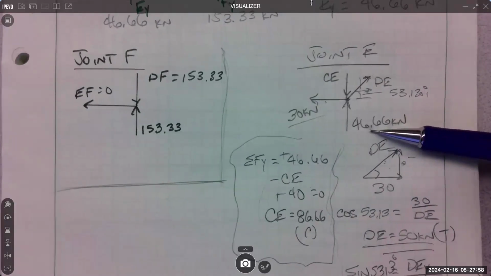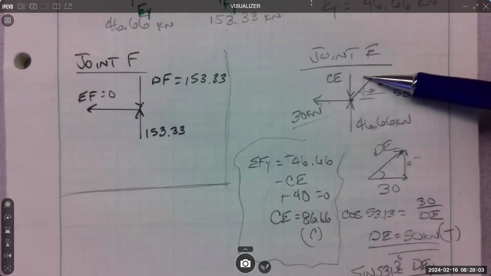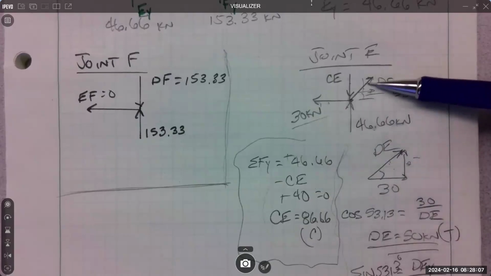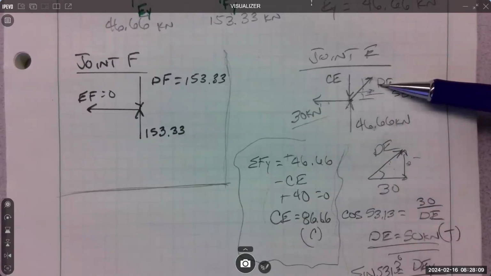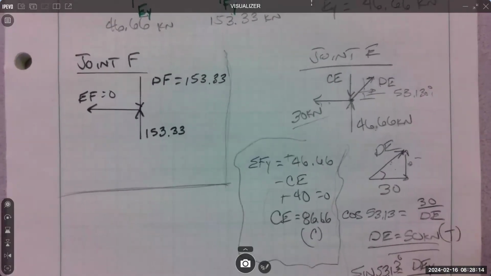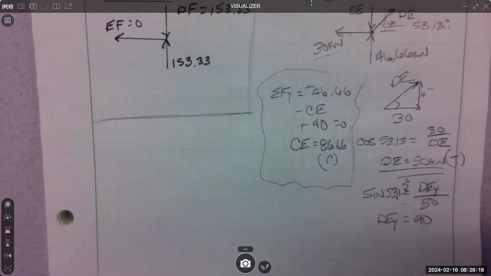So summing the forces in the Y, this one, 46, it's this coming down, CE, and then it's this component of DE, which we found right here, DEY. Okay.